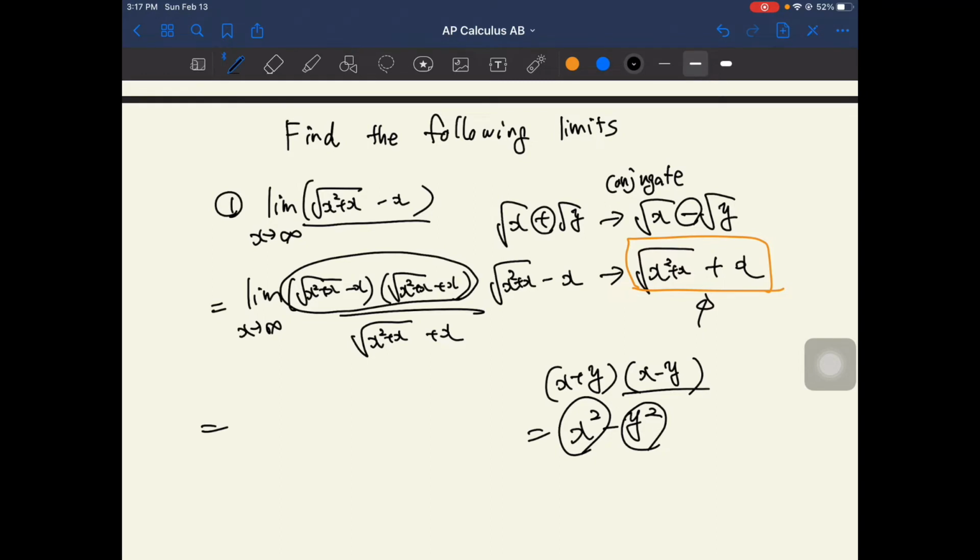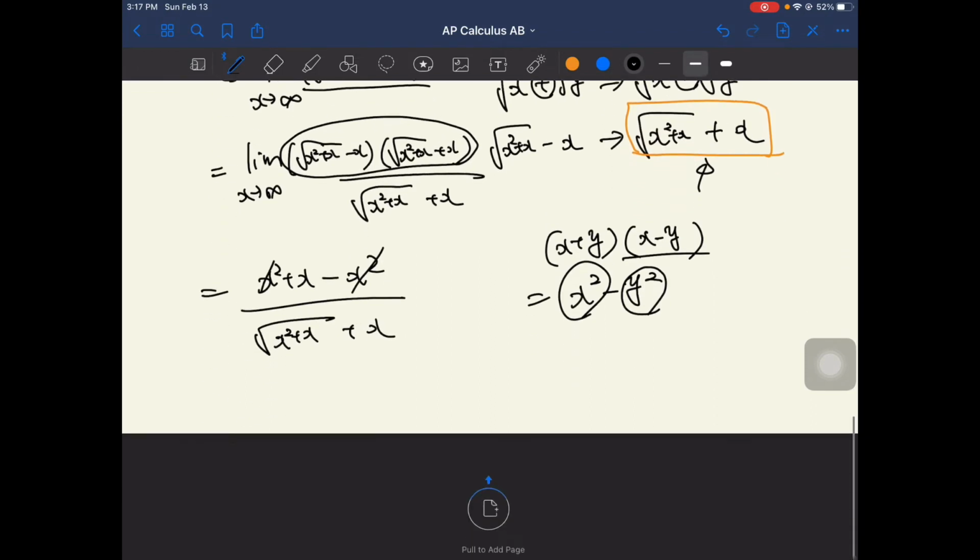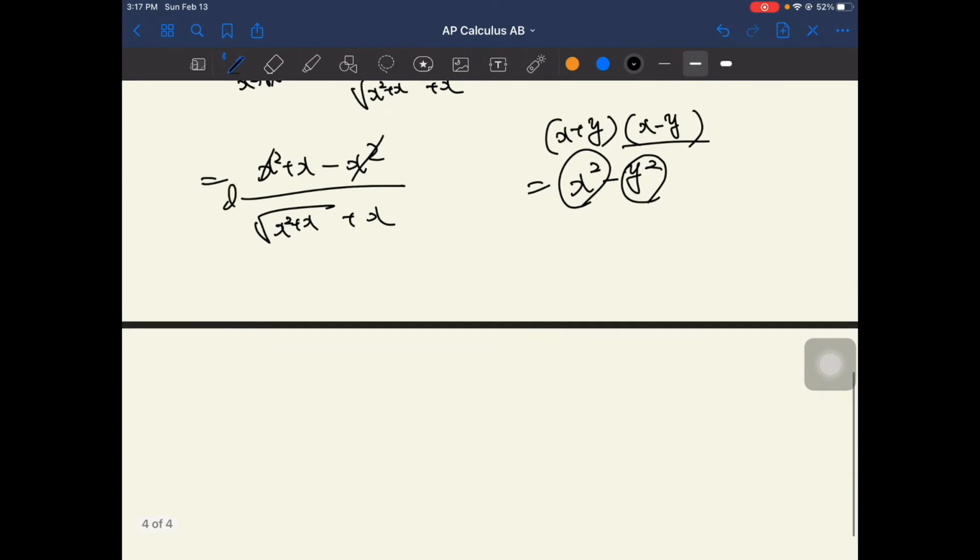Okay, then let's expand it, which is going to be x squared plus x negative x squared over square root of x squared plus x plus x, like that. But still, oops, I forgot the limit. Still, this is infinity over infinity. So what you are going to do is divide it by the highest degree term in the denominator, which is this one, square root of x squared.